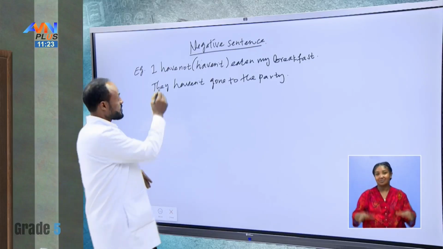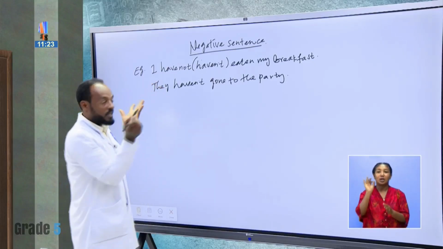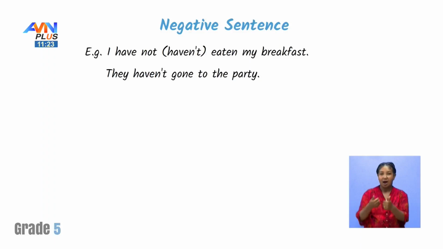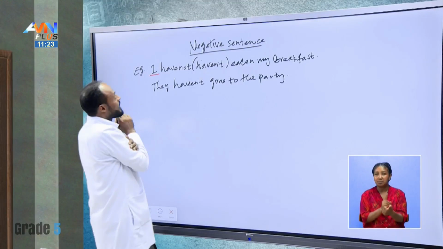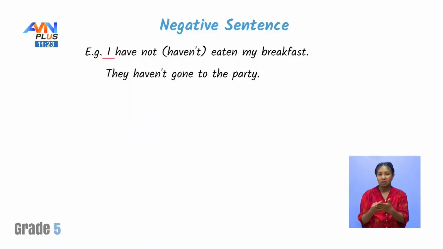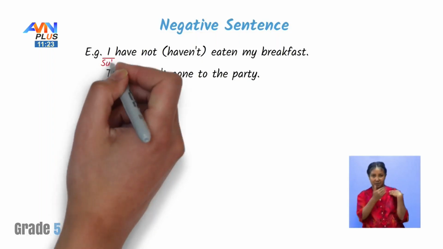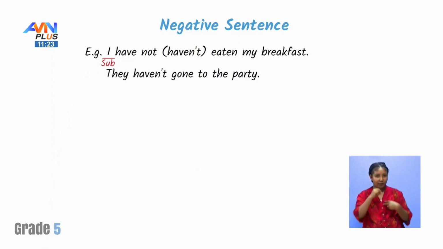Bravo. So, to get the form, first of all, we have to identify the function of this one. This one is functioning as what? The subject. Haven't, or maybe have not, plus verb 3.